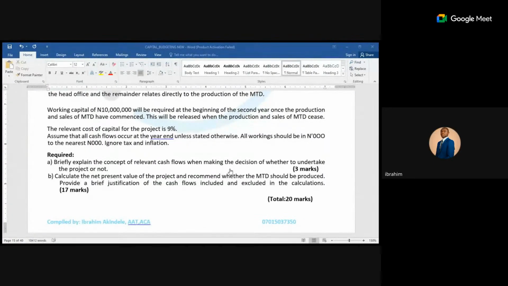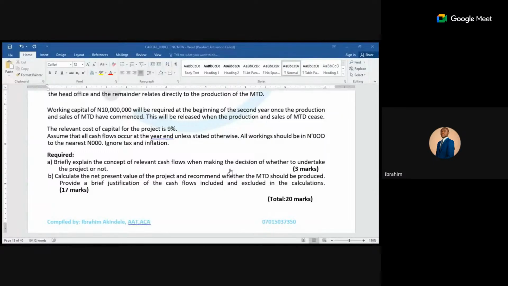And that is what you will just note. You can even indicate the figure. If you want to present it in a professional way: from the above analysis, the project gives a positive NPV. Therefore, the project will maximize the shareholders' wealth.